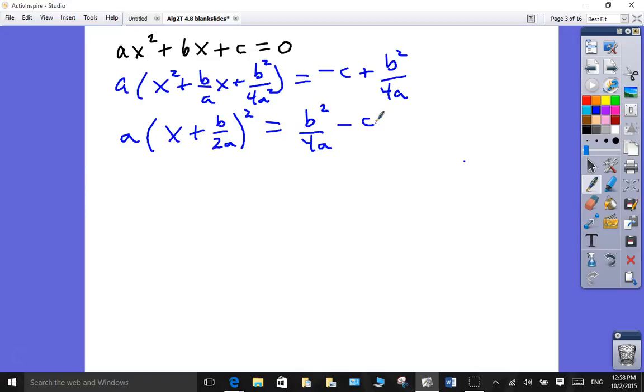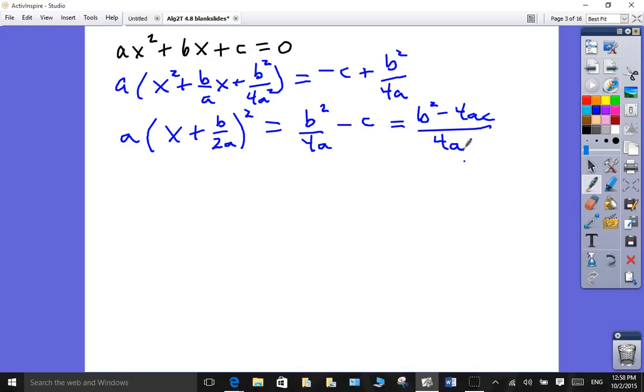What do I need before I can combine those? One's a fraction with a denominator, the other one has a denominator of 1. I need a common denominator. So what will I multiply here? 4a, right? So 4a over 4a is going to be b squared minus 4ac in the numerator, and it's divided by 4a.